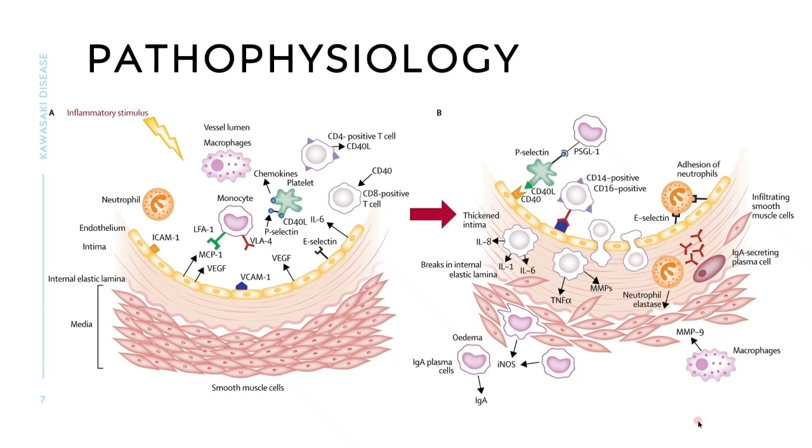That induces edema and inflammation in the endothelium, which increases its permeability for specific inflammatory cells to infiltrate into the deeper layers of the blood vessels. That ends up releasing even more inflammatory mediators.